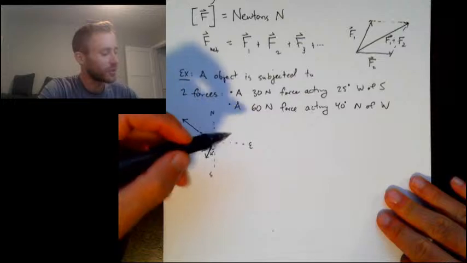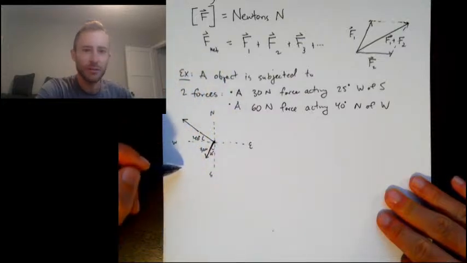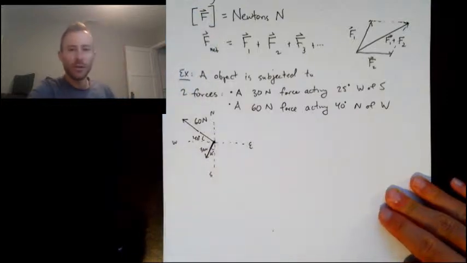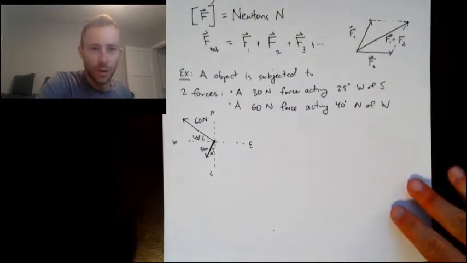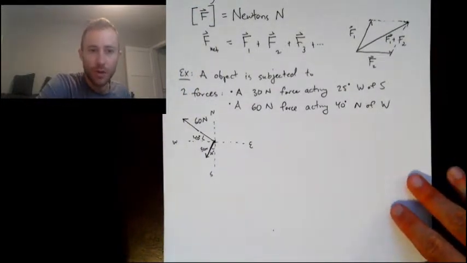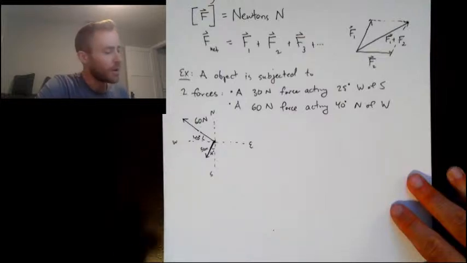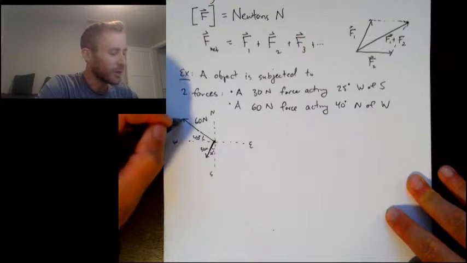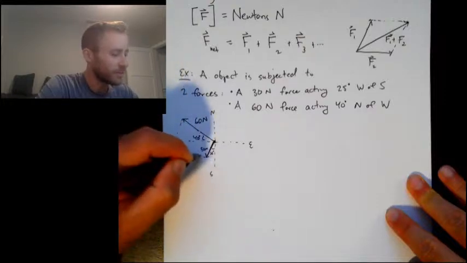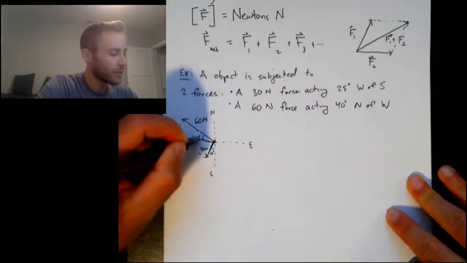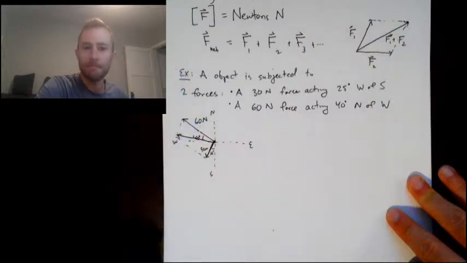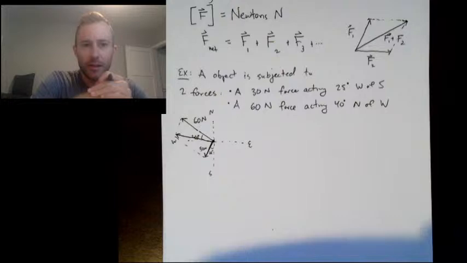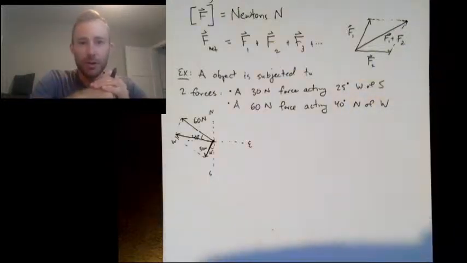If it was 40 degrees south of west, you would have rotated down and it would point in this direction. That is 60 newtons. Now, to find the net force using pictures, we create a parallelogram like so, and the net force is going to be like that. That would be the answer in pictures.